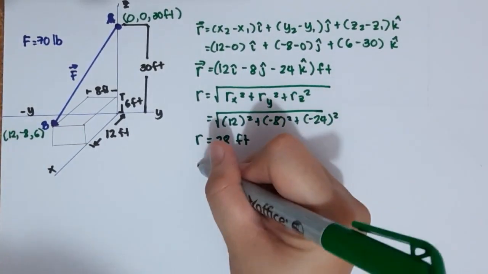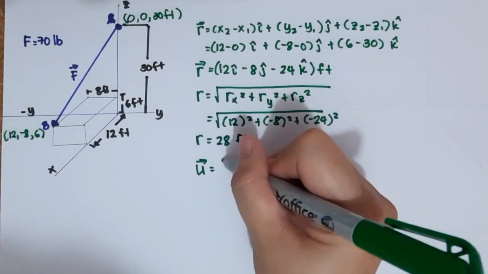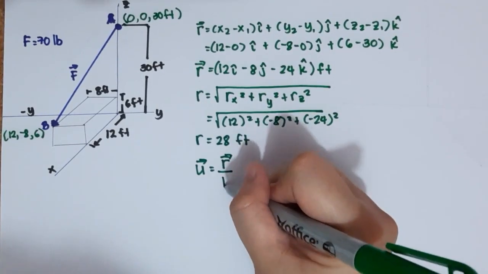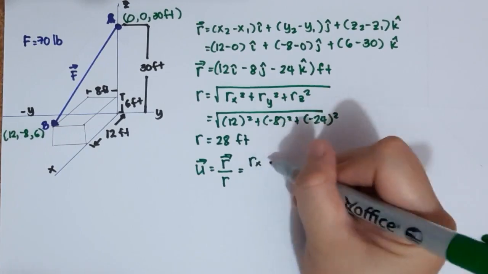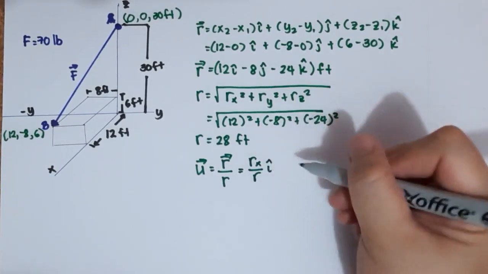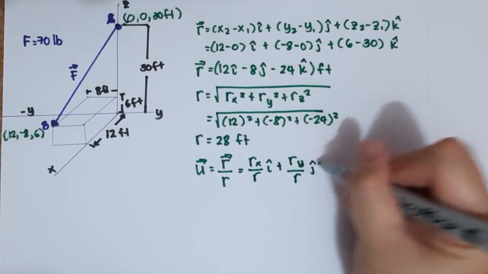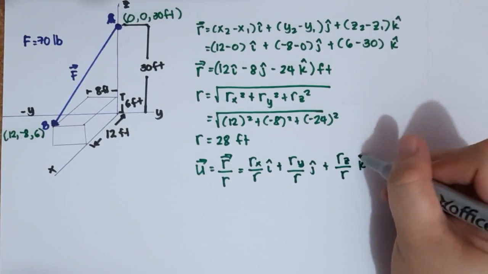And let's solve now the unit vector. So the unit vector is r over the magnitude, so that is rx over r i hat, this is the formula, plus ry over r j hat plus rz over r k hat.